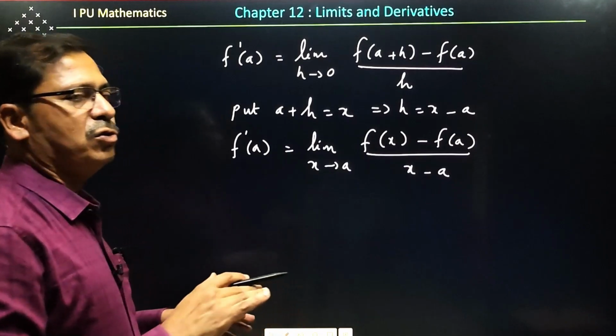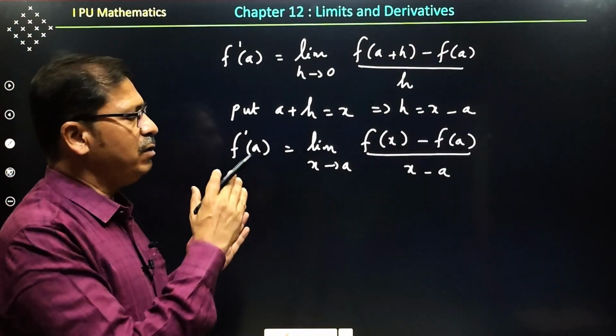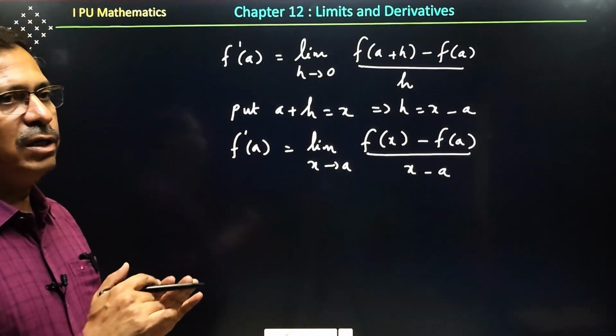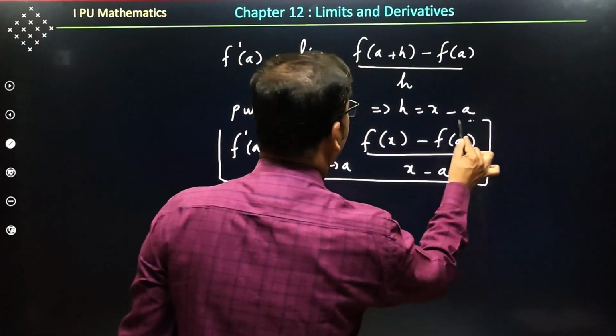So in this manner also we can take f dash of a equal to limit x tends to a, f of x minus f of a divided by x minus a. This one also you need to remember.